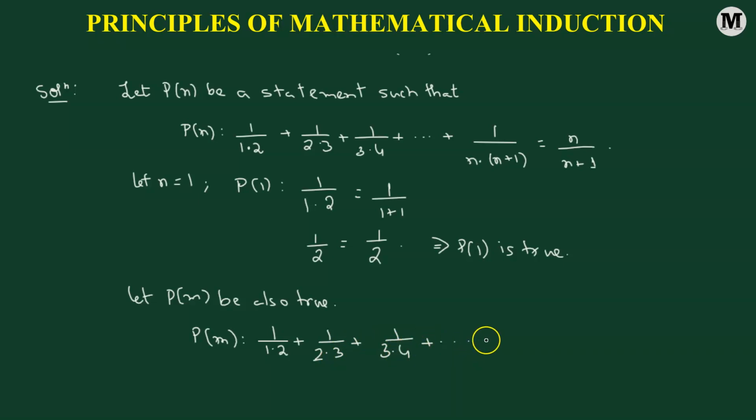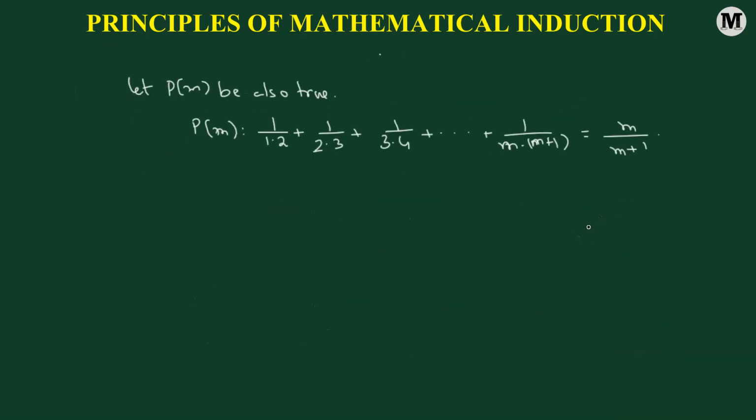This continues all the way up to the last term given by 1 over n times n plus 1, and in place of n, we replace with m. So we have 1 over m times m plus 1, which equals m over m plus 1. Let this be true.